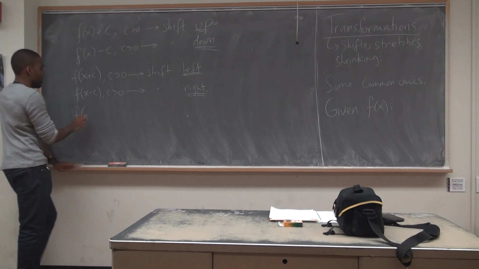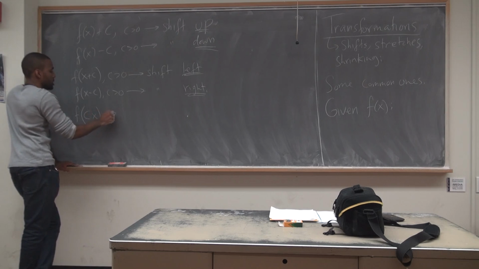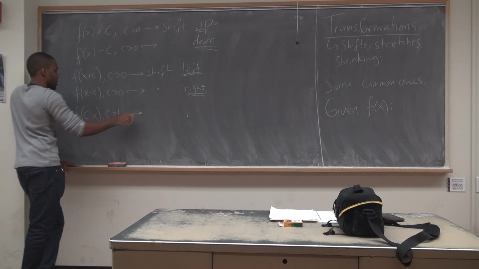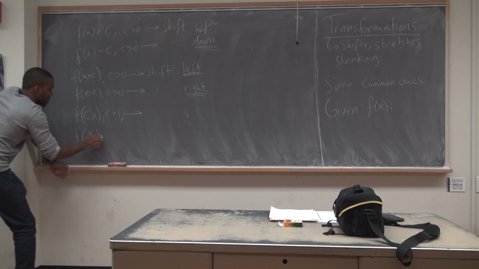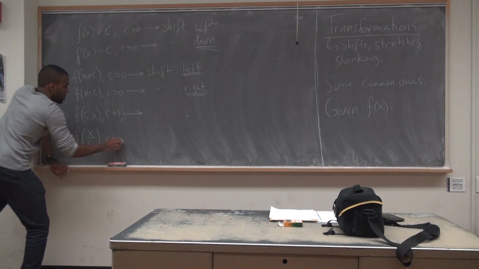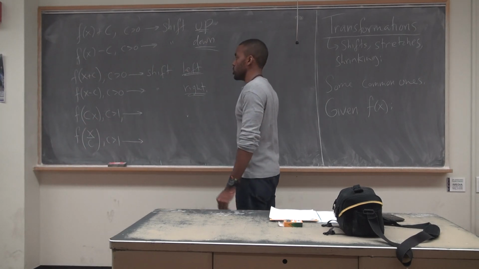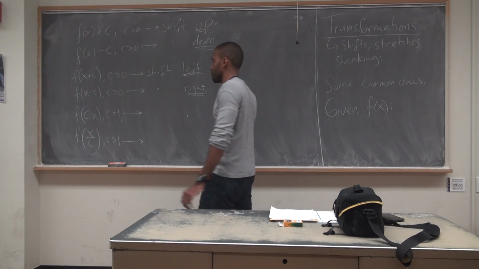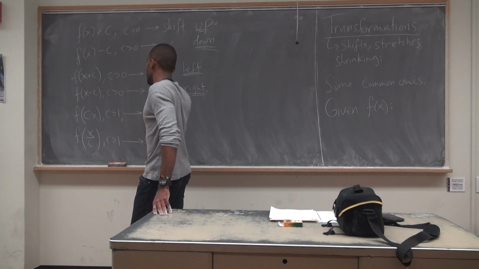f of c times x, where my c is greater than 1, or if I divide x by c, where c is greater than 1. What does multiplying by a number bigger than 1 do? Doubles it. Remember, for x it's actually counterintuitive.